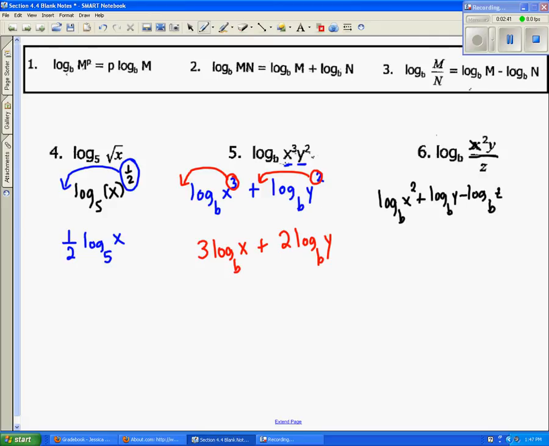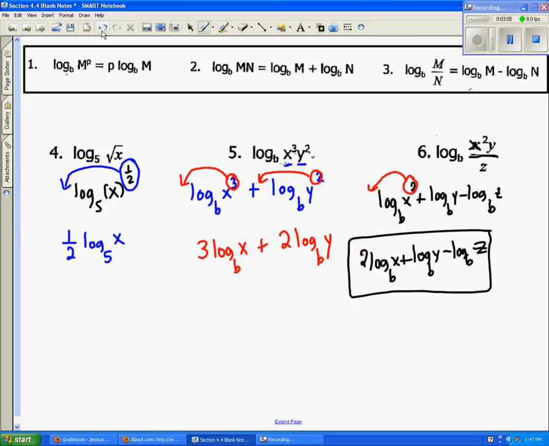Now any of my exponents I can move out front, so this is 2 log base b of x plus log base b of y minus log base b of z. So that's going to be that one.